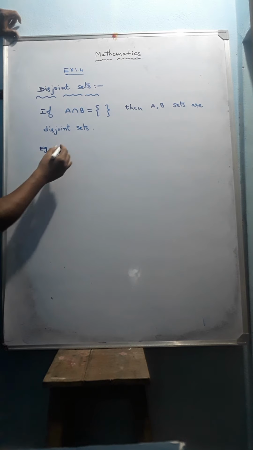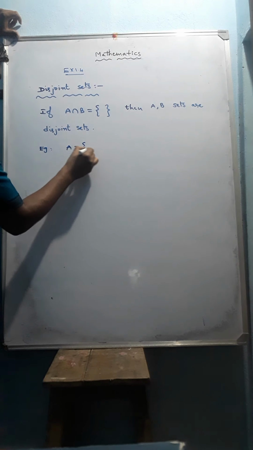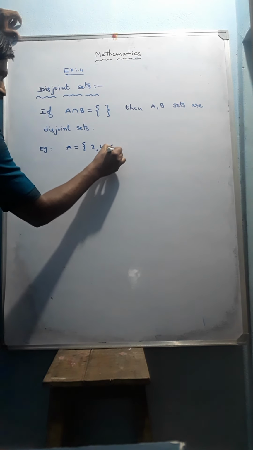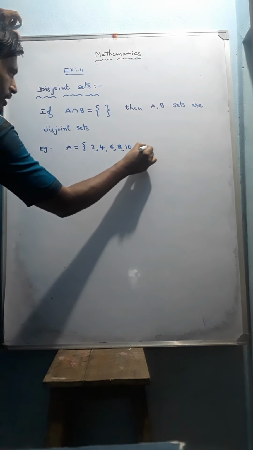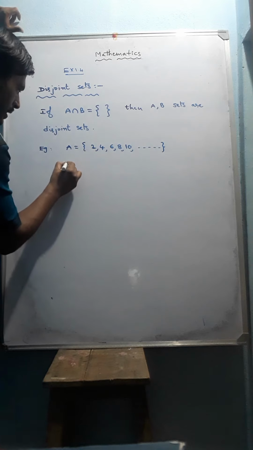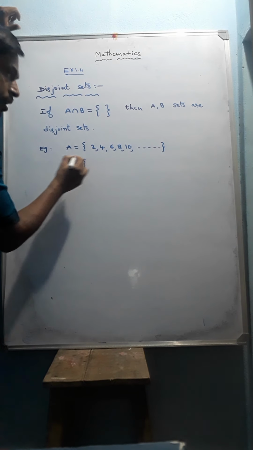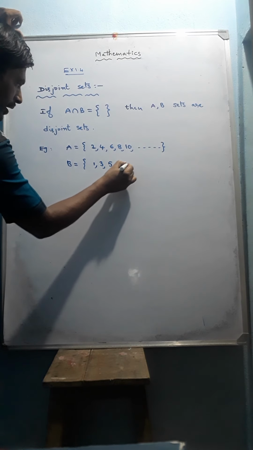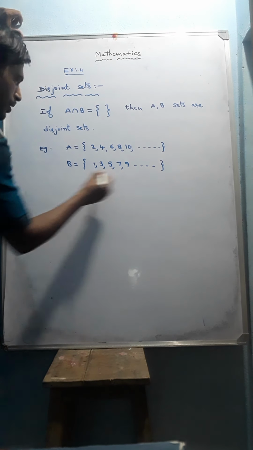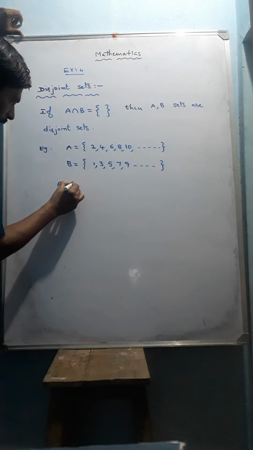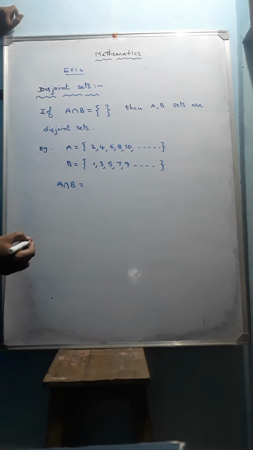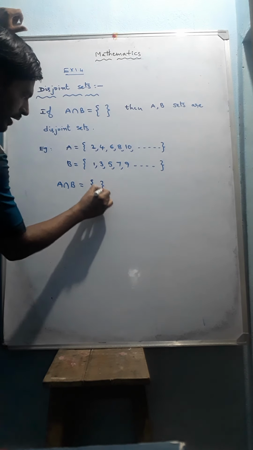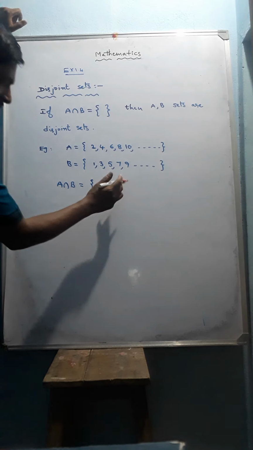So if we take an example, A is equal to set of 2, 4, 6, 8, 10, and so on. That means even natural number set. B is equal to, I am taking odd natural numbers, 1, 3, 5, 7, 9, and so on. If you find out A intersection B, is there any common element? We can't get any common element. That means null set.